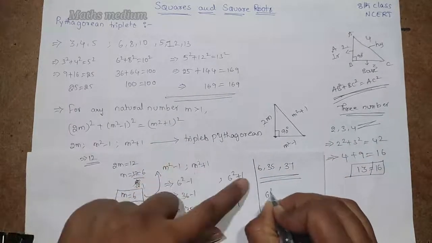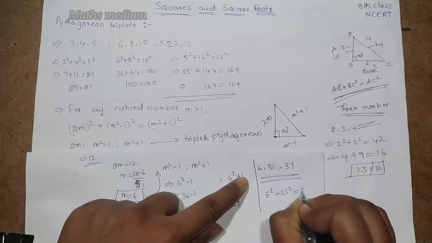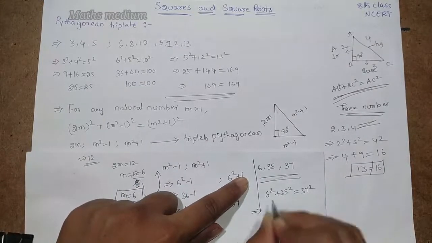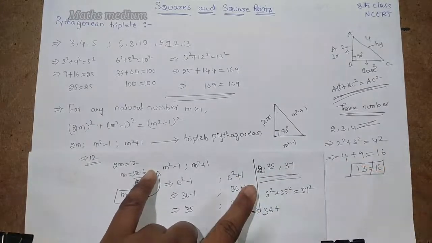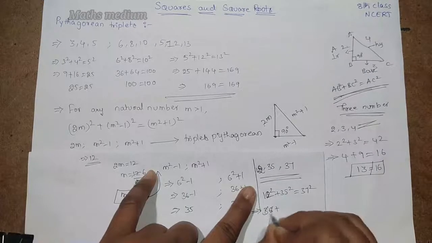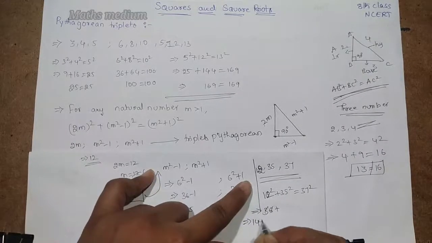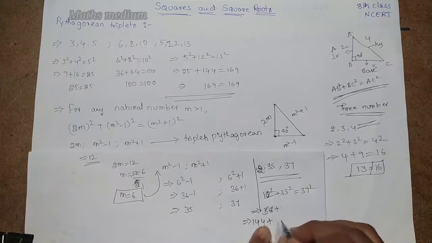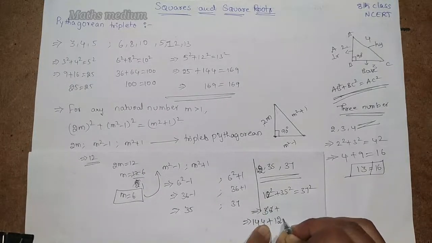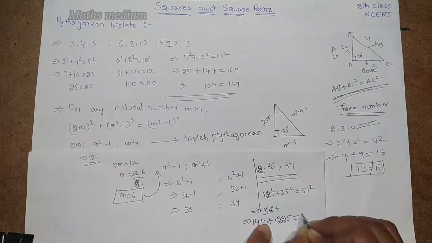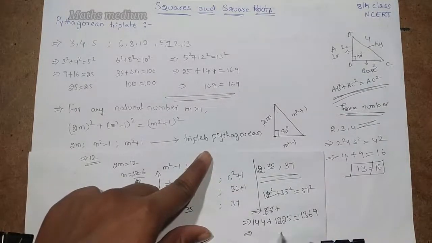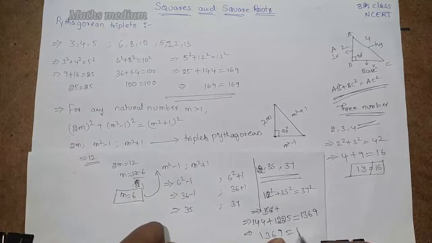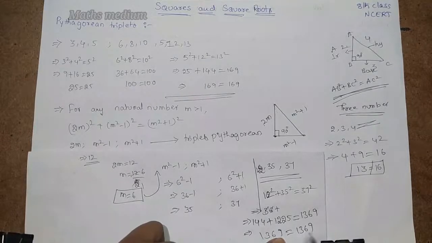Check it. 12 square plus 35 square is equal to 37 square. 12 square is 144, plus 35 square is 1225, is equal to 1369.